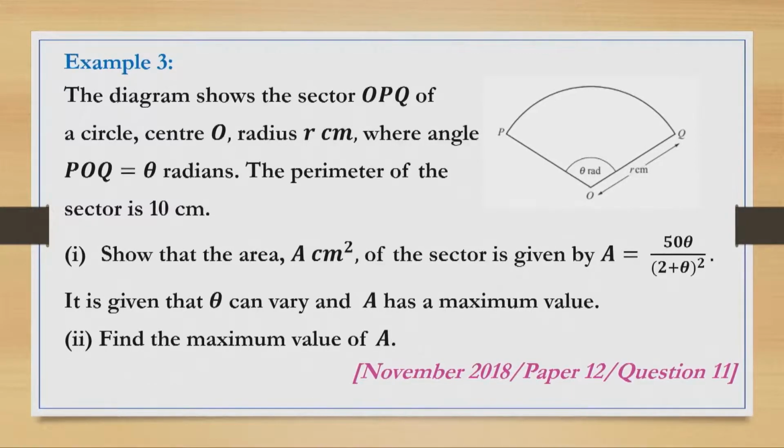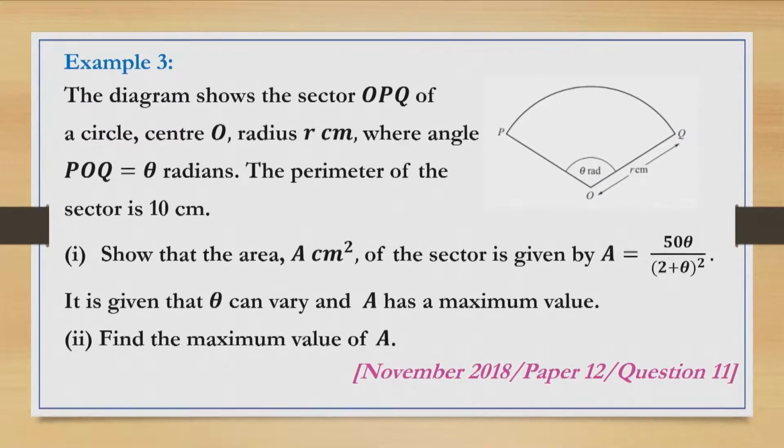First part, show that the area, A centimeter square, of the sector is given by A equal to 50 theta over (2 plus theta) squared. Now, it is given that theta can vary and A has a maximum value. Second part, you need to find the maximum value of A.